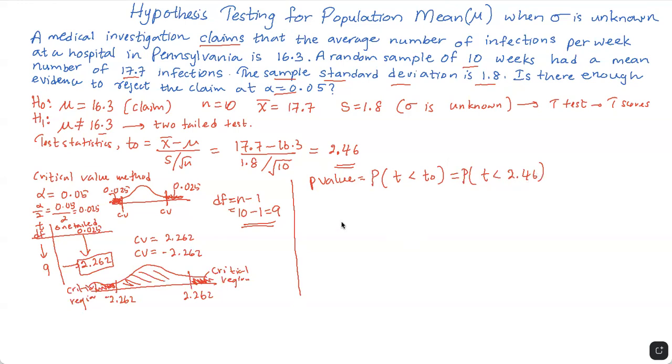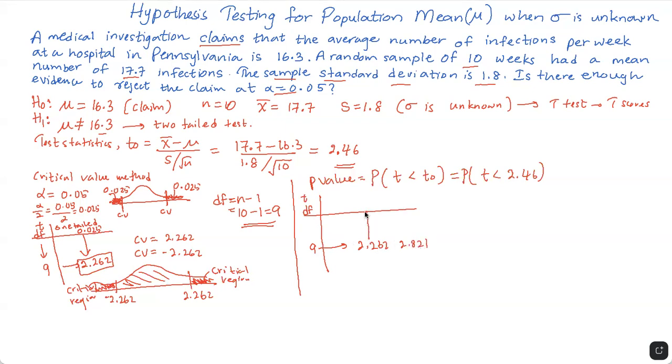Here we have to use the t-table. You need to find the two values that 2.46 falls between. With degrees of freedom 9, you will see those two values are 2.262 and 2.821.